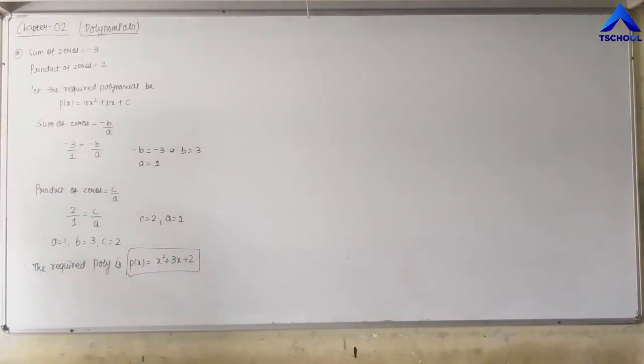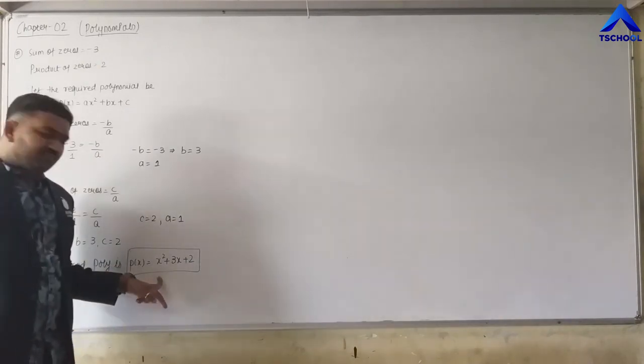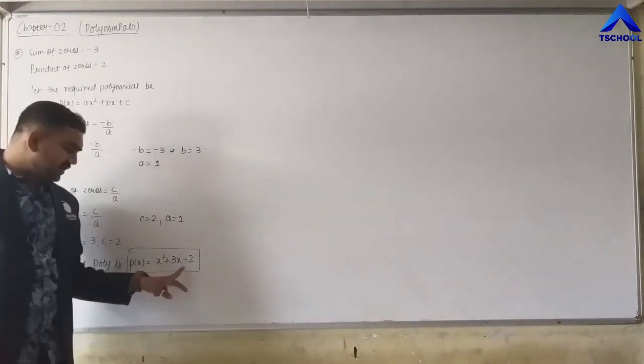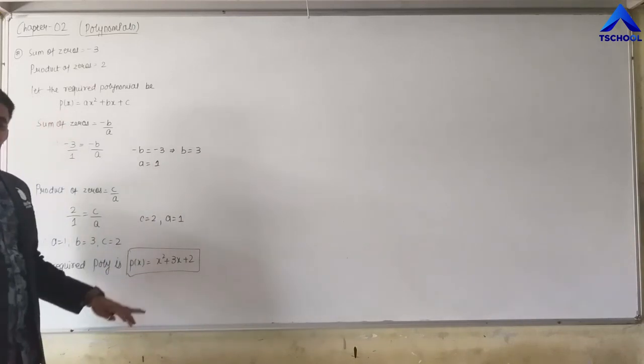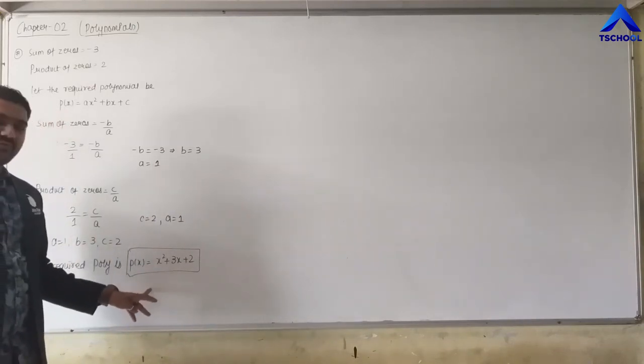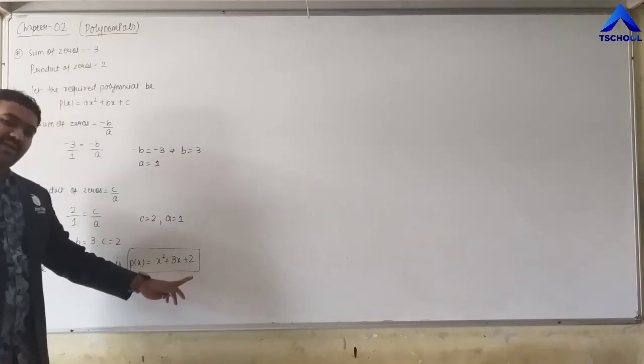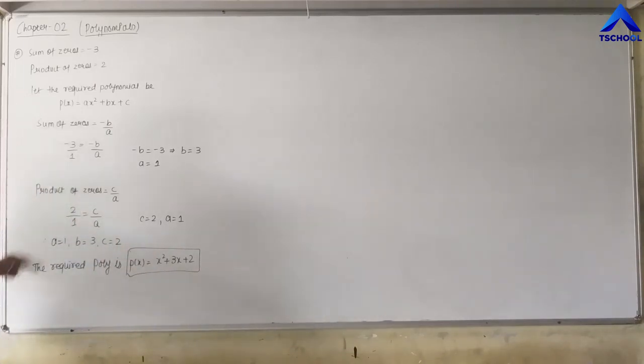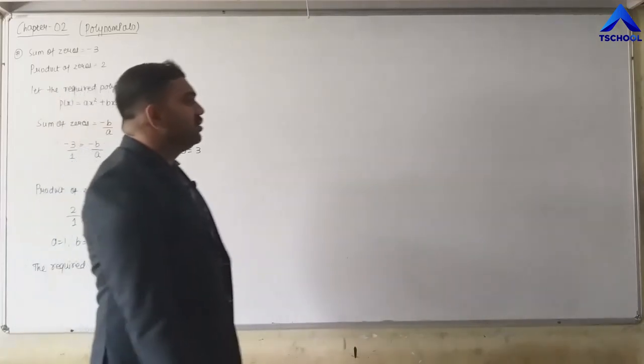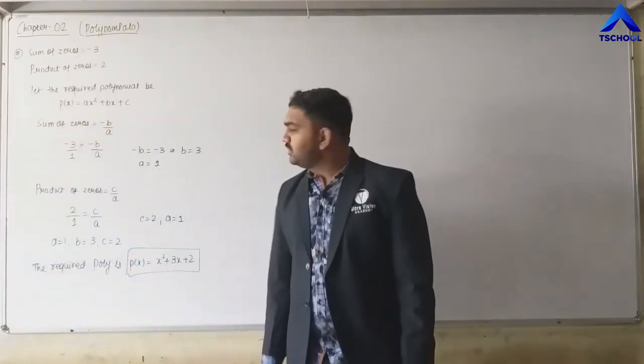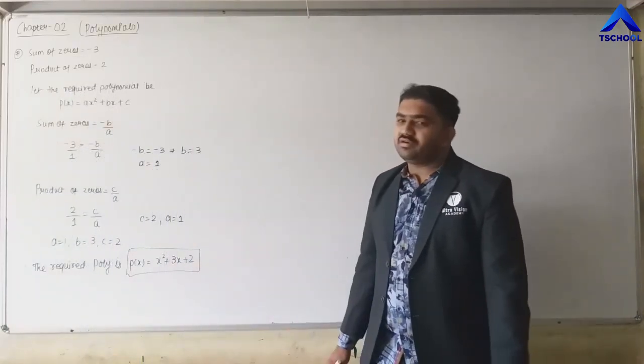This is our required quadratic polynomial. You can verify: a is 1, b is 3 and c is 2. So minus b by a, that is minus of 3 by 1, is minus 3, and c by a, that is 2 by 1, is 2. So sum of the zeros and product of the zeros are again minus 3 and 2. Is it clear everyone? So this is how you can find out a quadratic polynomial.